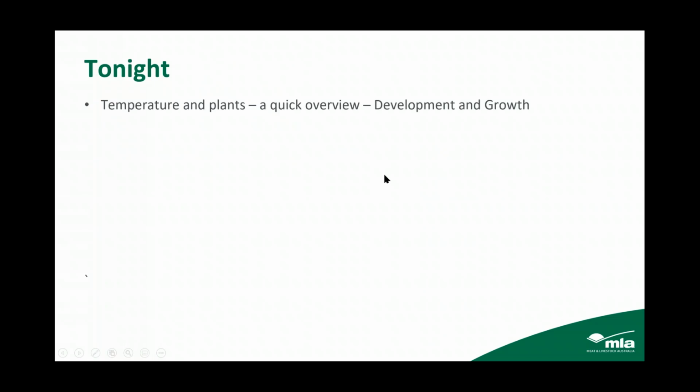Instead, I'm going to give you a quick overview of the effect of temperature on the growth and development of plants. Then I'm going to look at temperature and pasture growth, particularly an example from New Zealand, which is a nice little experiment that I show people from time to time.